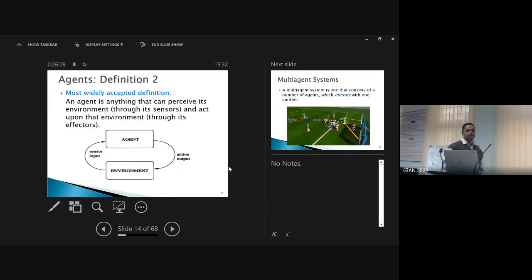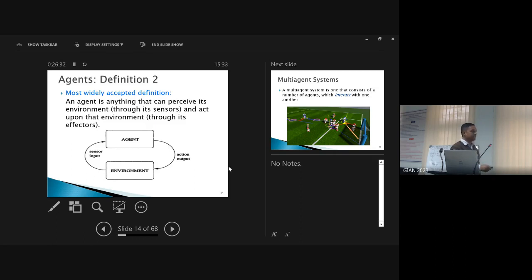So the most widely accepted definition of an agent: an agent is anything that can perceive its environment through its sensors and act upon that environment through its effectors. So an agent can sense the environment through sensory input.